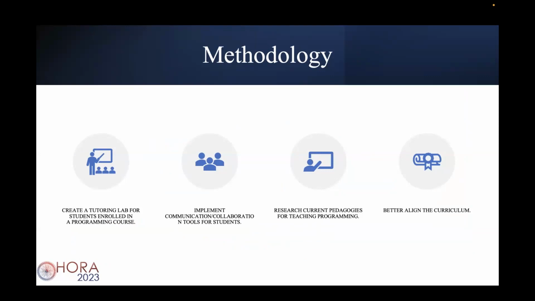Then they implemented communication and collaboration tools like Discord and WebEx for the students to get help from faculty members and other students. They also aligned our curriculum and made students familiar with platforms like GitHub and HackerRank. They also developed a training program for faculty, and encouraged our faculty members to participate in different national conferences to receive training in the new curriculum.